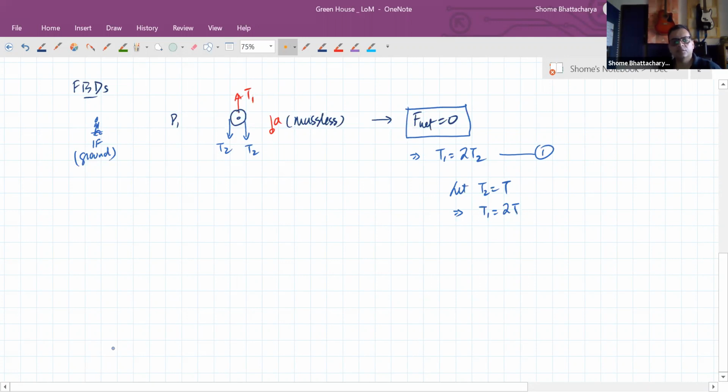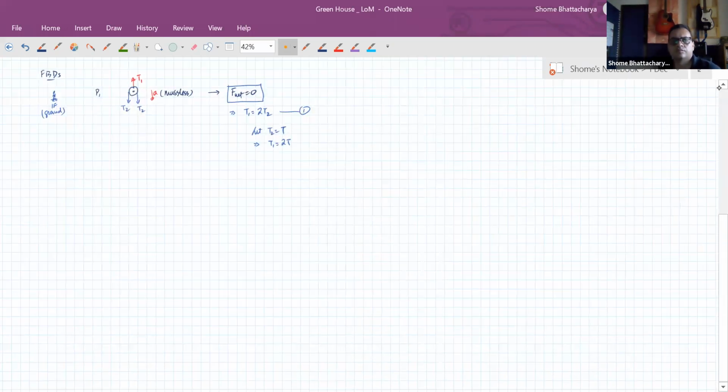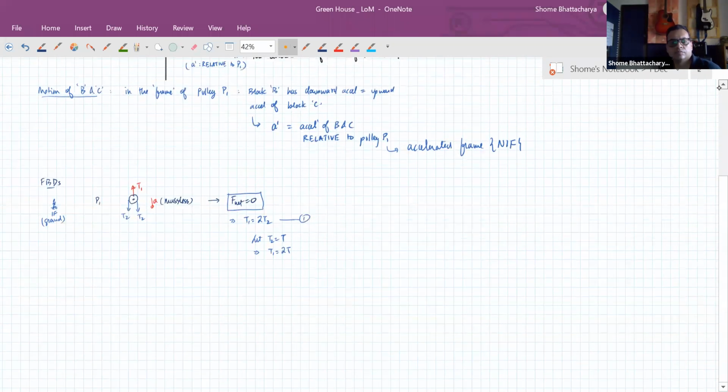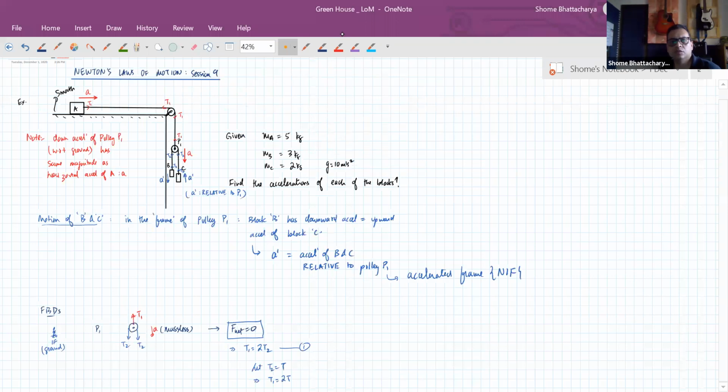Now similarly, next we will make the free body diagram of the block A. Have you not written down the question? Finish writing down the question first, people. Then we'll move on to the further free body diagrams.